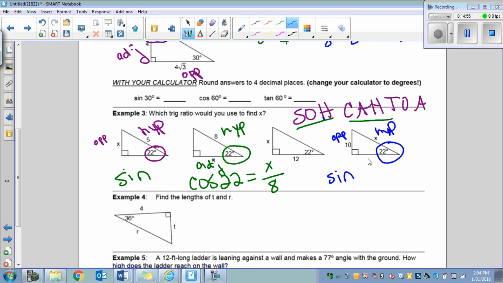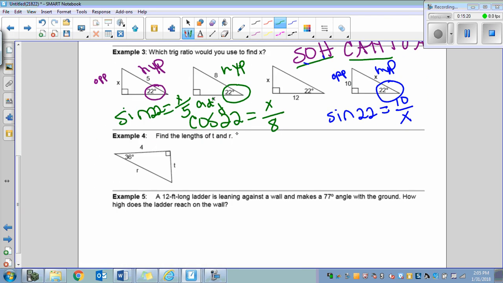Sine of 22 degrees equals opposite side comes first because O is first, so opposite side is always on top, and then the hypotenuse is on the bottom. This is what it would look like, and we would usually just solve for x. Let me just go back and do this one. Sine of 22 equals opposite first, and then hypotenuse on the bottom, okay?